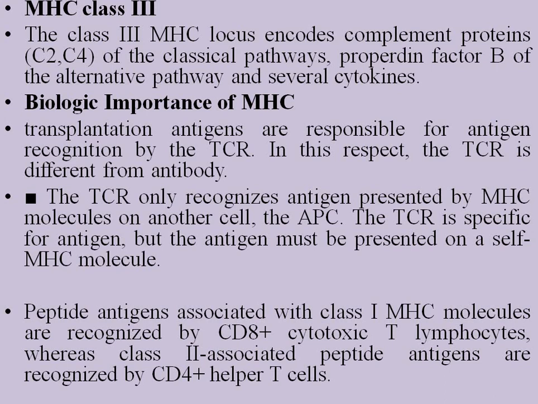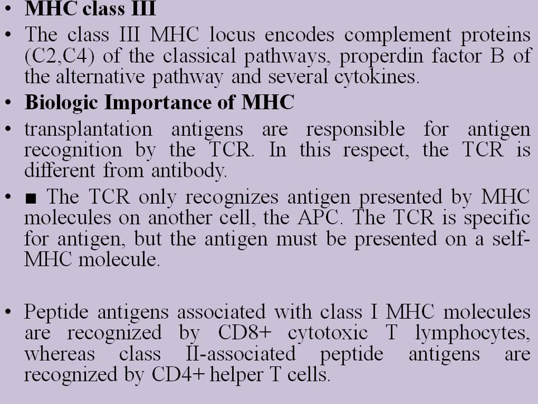The class 3 MHC locus encodes complement proteins C2 and C4 of the classical pathway, properdin factor B of the alternative pathway, and several cytokines. So the class 3 MHC is also known as the complement loci.